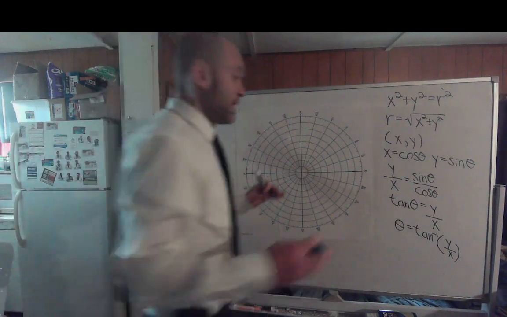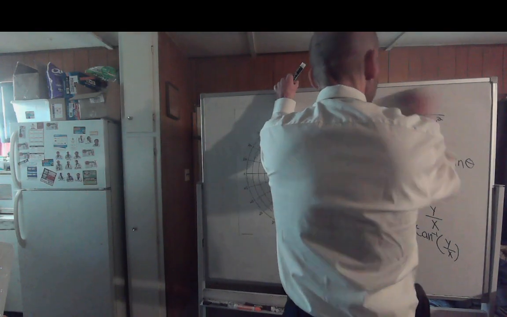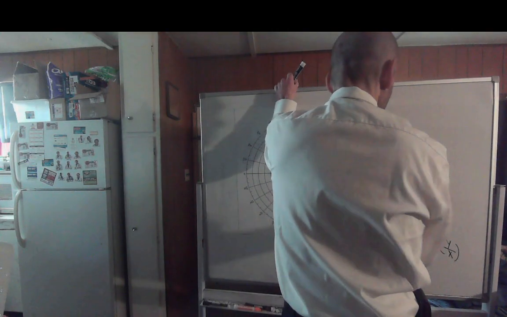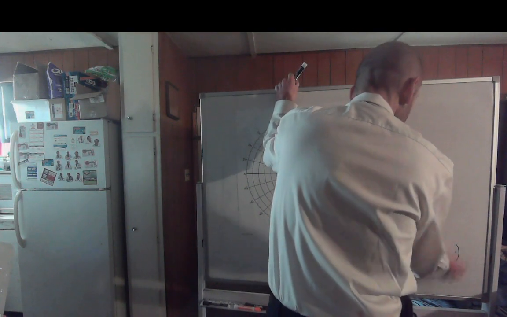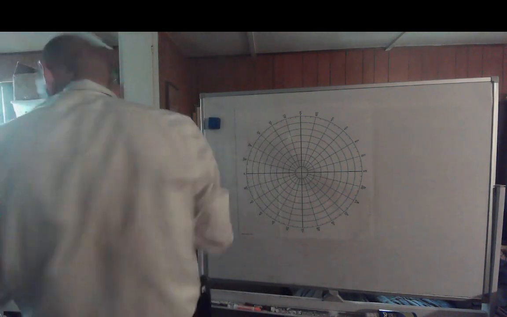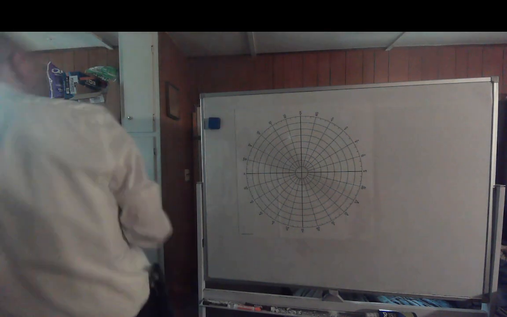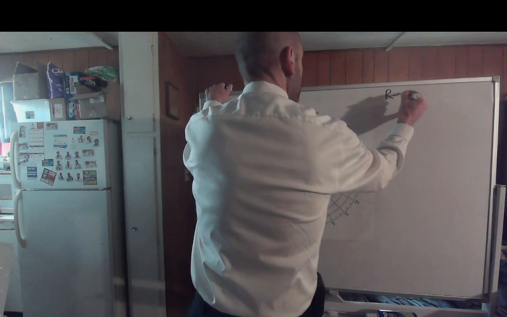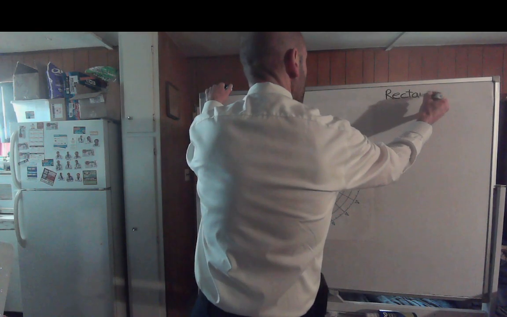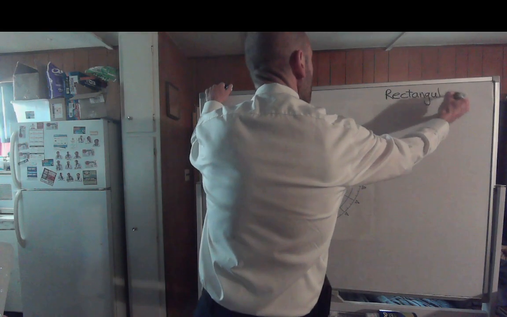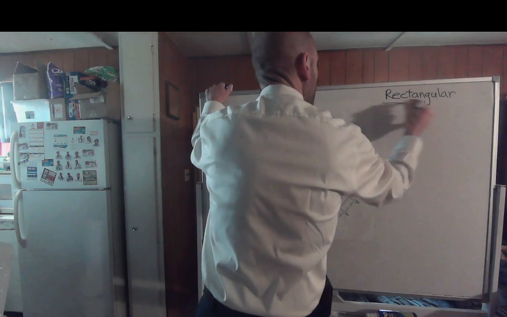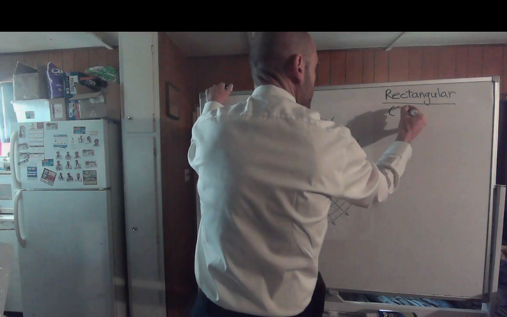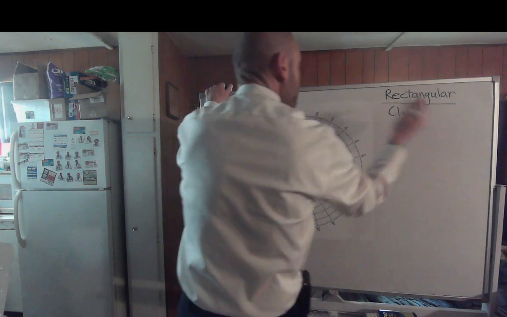So let's go ahead here and convert some of these to polar coordinates. I'm going to give you the point 1, 1. So here's your rectangular coordinate, 1, 1.